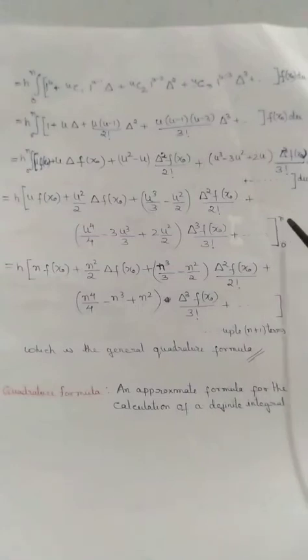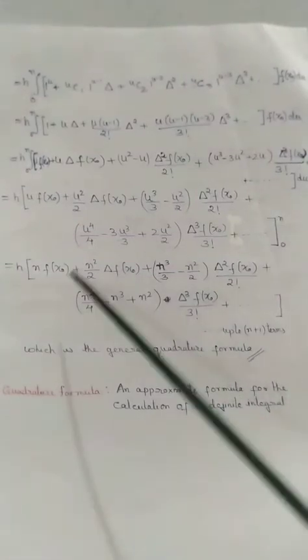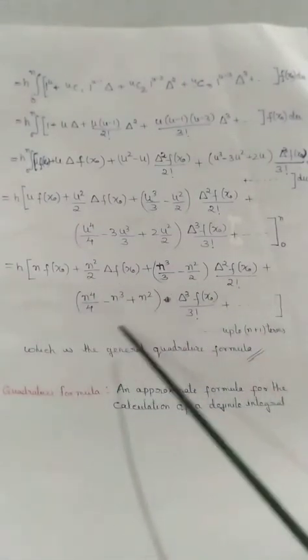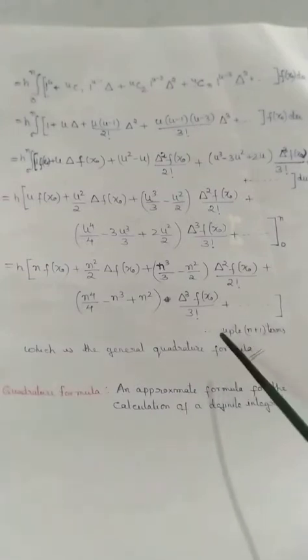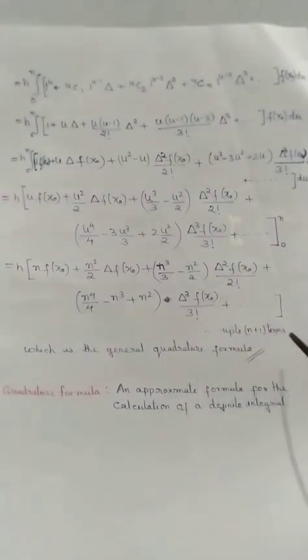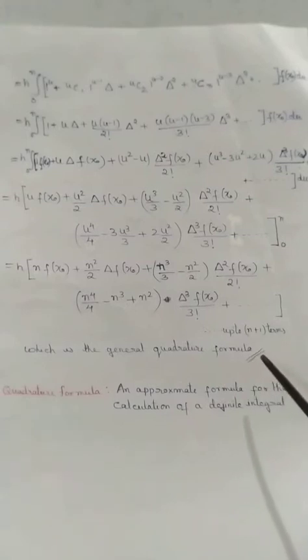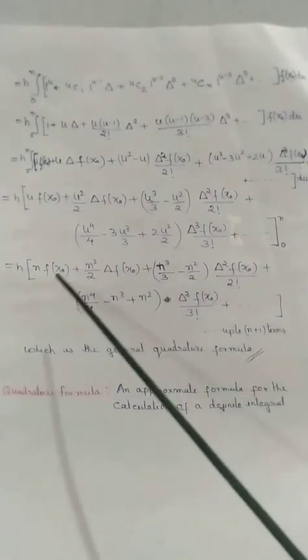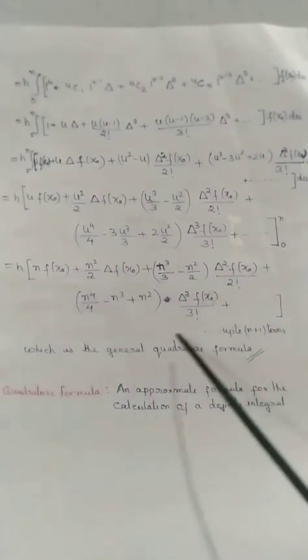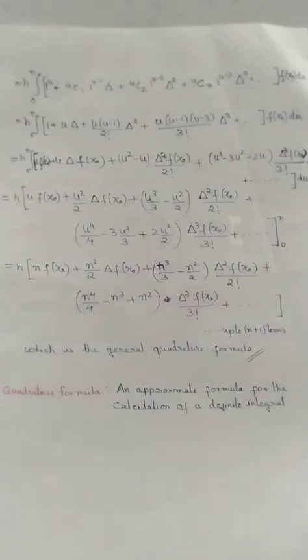This goes up to n plus 1 terms, and which is your general quadrature formula, an approximate formula for the calculation of a definite integral.